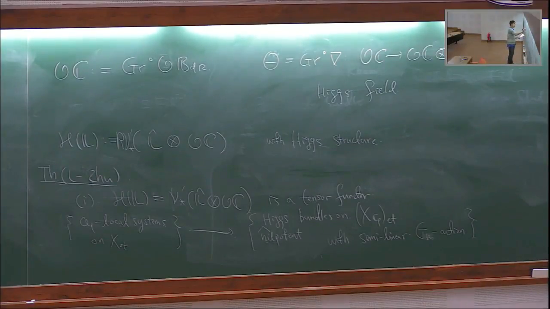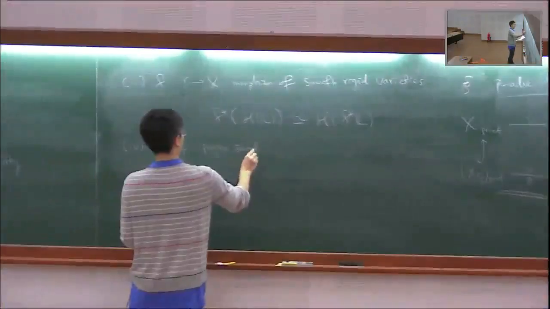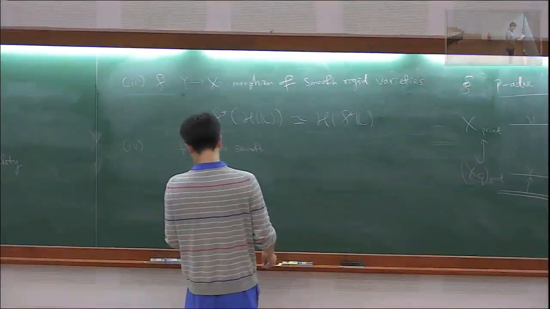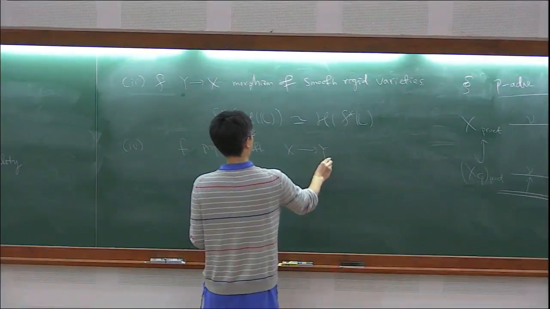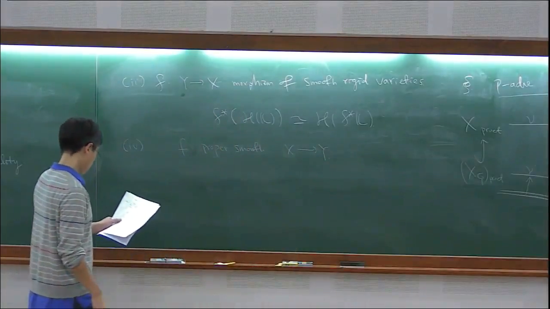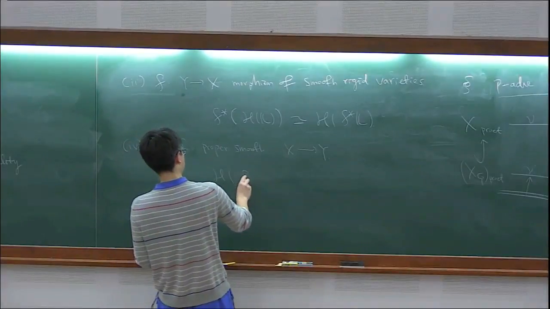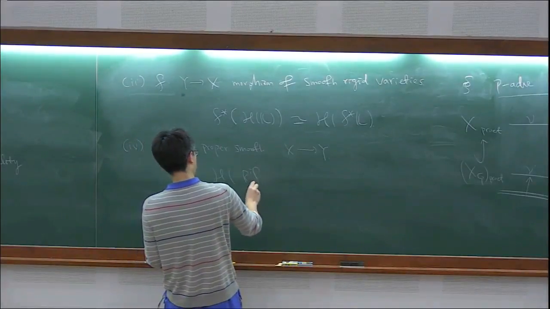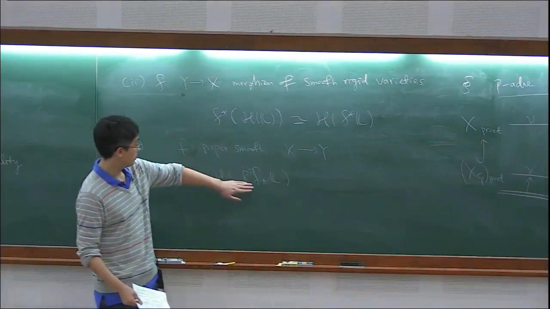So f is proper smooth. If f is proper smooth, from X to Y, I consider the higher images R^i f_{ét*} of L. Okay. So recently, Candela and I proved that this is always a local system.